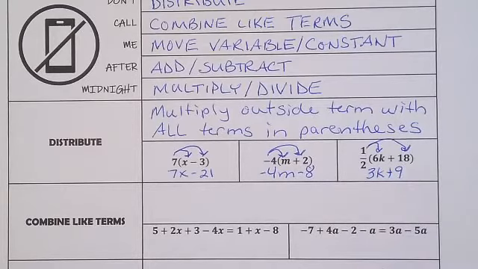Okay, the next step is to combine like terms. To combine like terms, we add or subtract like terms on each side of the equation.